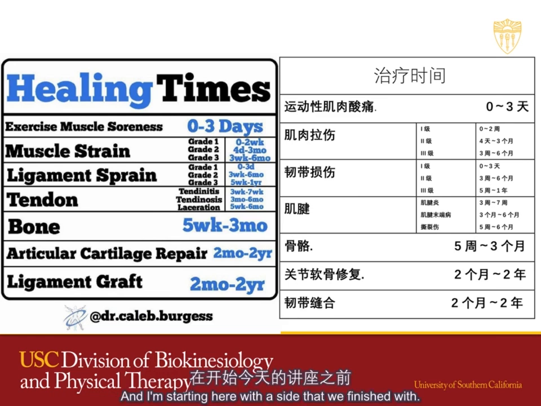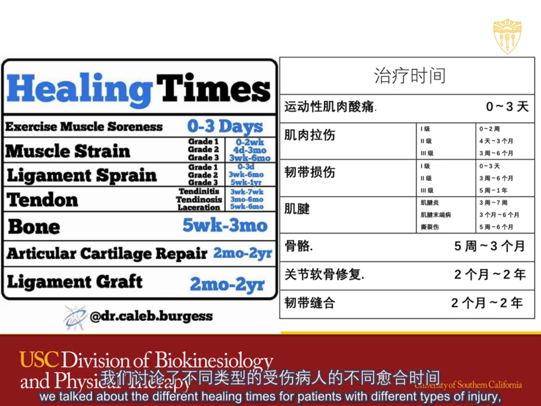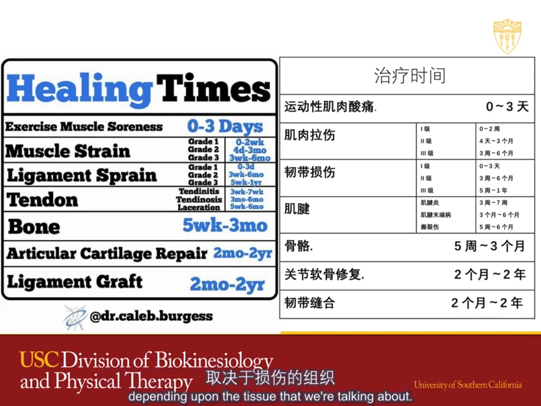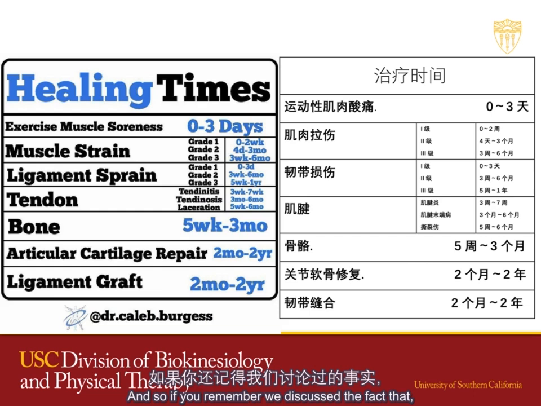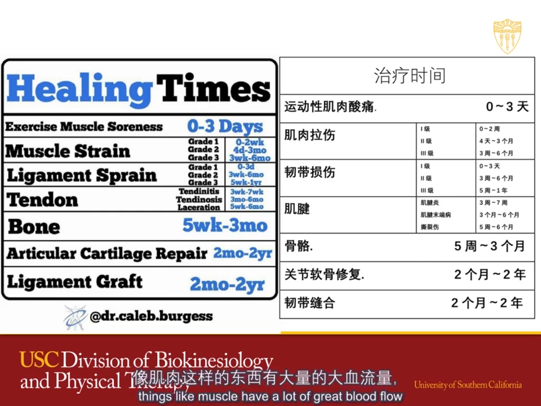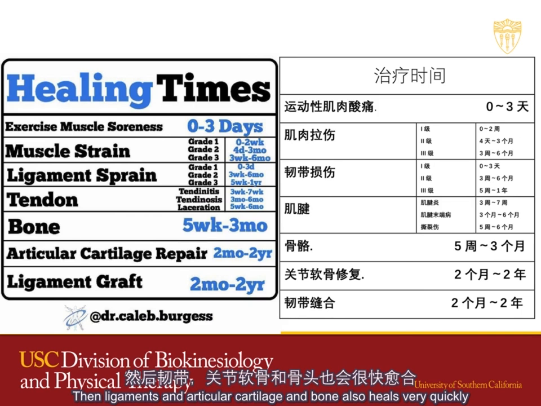And I'm starting here with a slide that we finished with the introduction. And what you'll see here is we talked about the different healing times for patients with different types of injury, depending upon the tissue that we're talking about. If you remember, we discussed the fact that things like muscle have a lot of great blood flow. And so muscle and tendon tend to heal more quickly than ligament and articular cartilage.